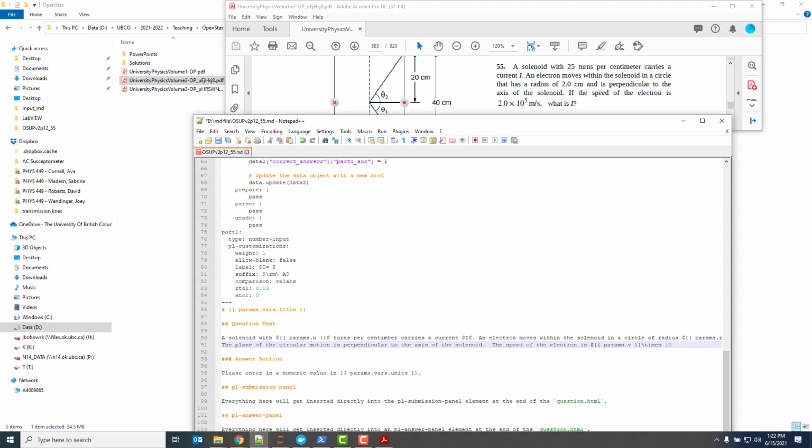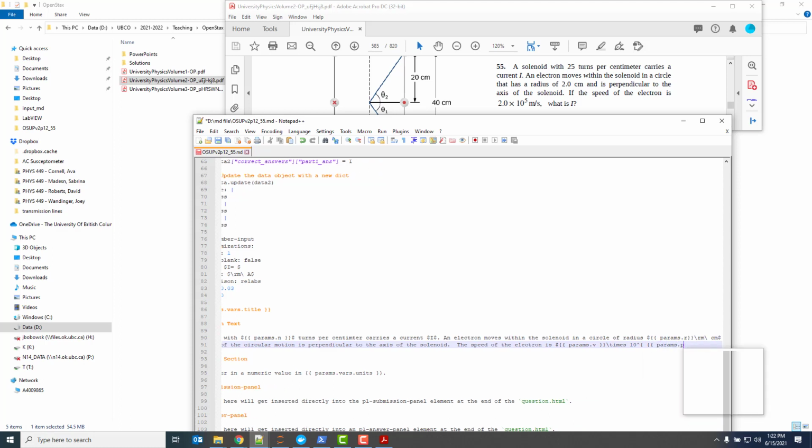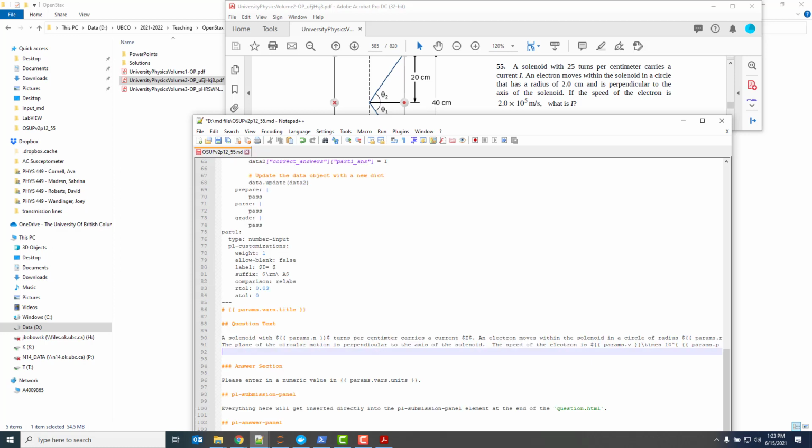I'm going to put times 10 to the power of, and then we had params.p, and then that is going to be in units of meters per second. And so finally we can say, what is the current I in the solenoid?